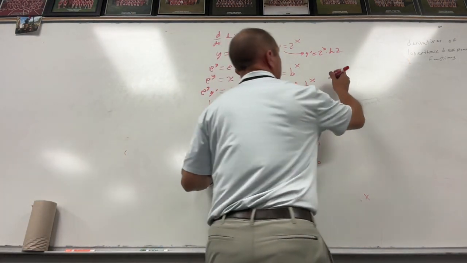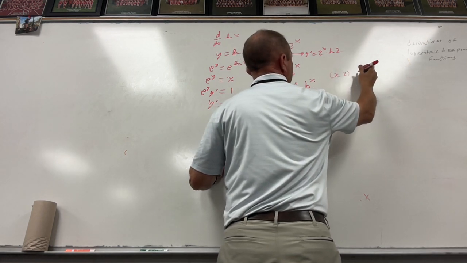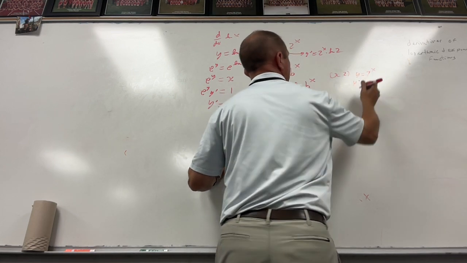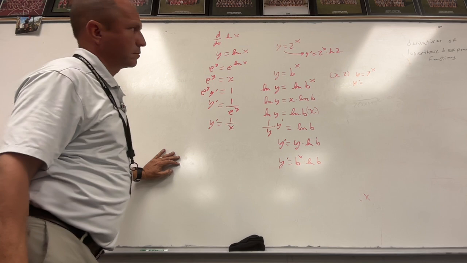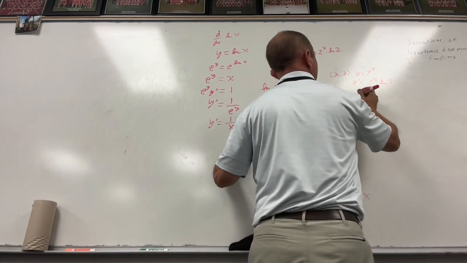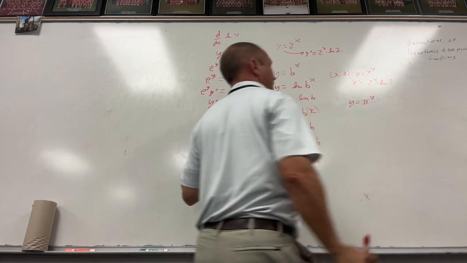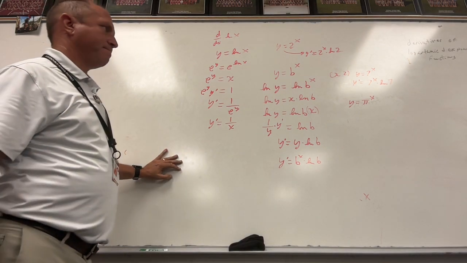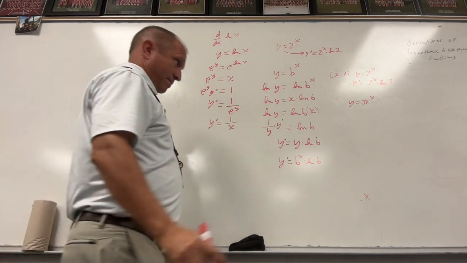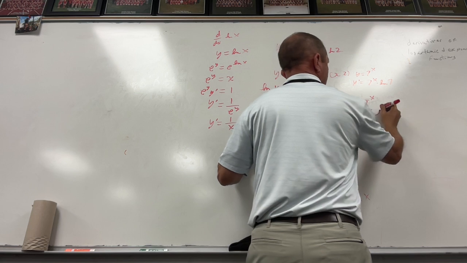So let's do another example. Let's say we have y equals 7 to the x power. Well, what's y prime going to be? 7 to the x times the natural log of 7. All right, what about y equals pi raised to the x power? y prime equals pi to the x times the natural log of pi.